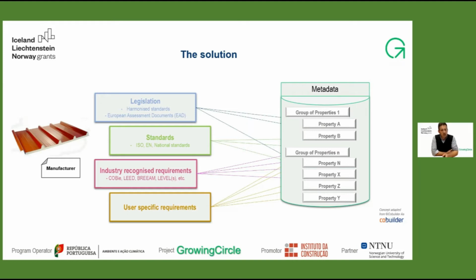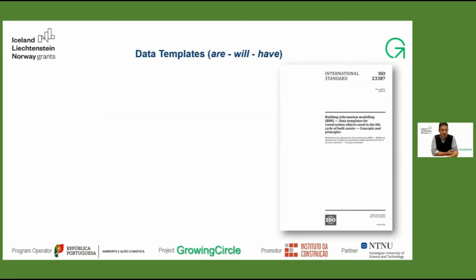The international community has developed a philosophy for a data framework that aims to be capable of meeting all the demands, and that must be set as a background to all definitions and concepts that we previously mentioned. And these structures are the data templates in accordance with ISO standard 23387.